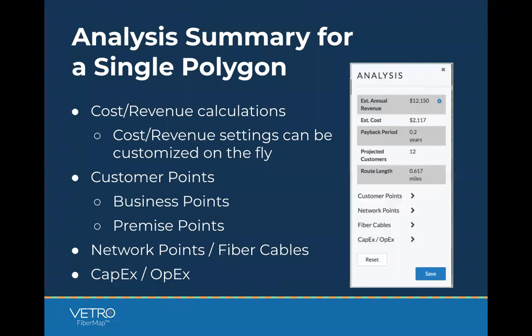There's a gear icon there that we can open, and this will allow us to manually set expected average take rate, expected average income from business versus premise units, and the average cost to connect, cost per road length. So all of this is the data that's used for the calculations that we see here in this analysis calculation.